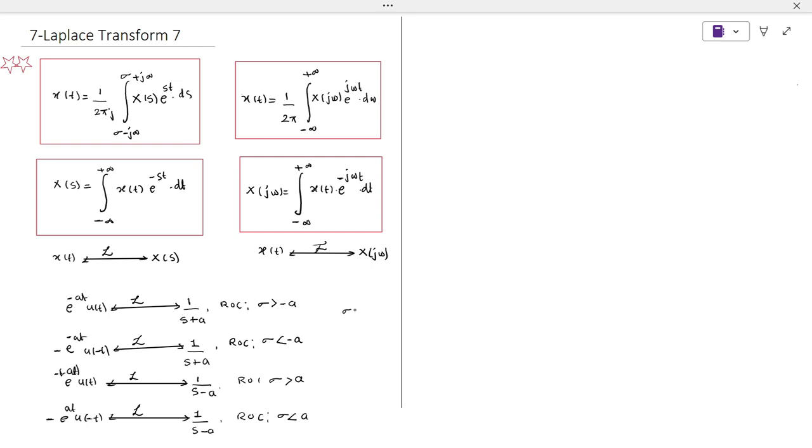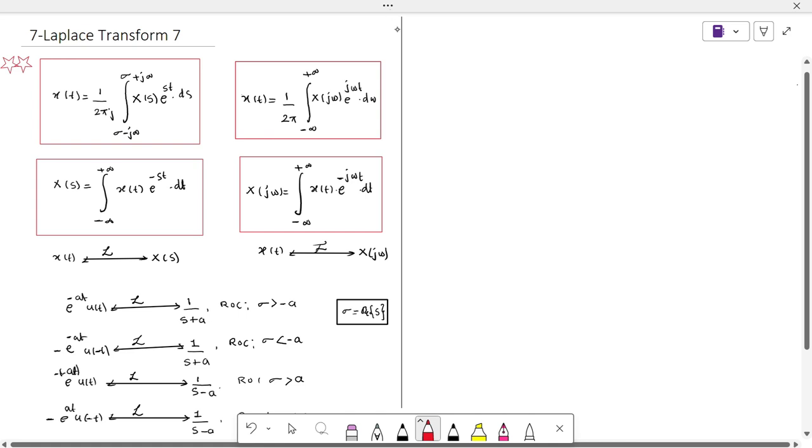What is sigma actually? Sigma is nothing but the real part of s. So this is about Laplace. Then we will do some problems based on this concept.